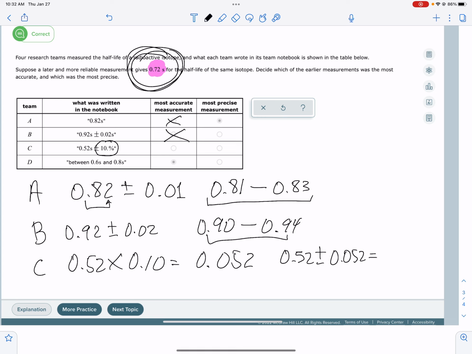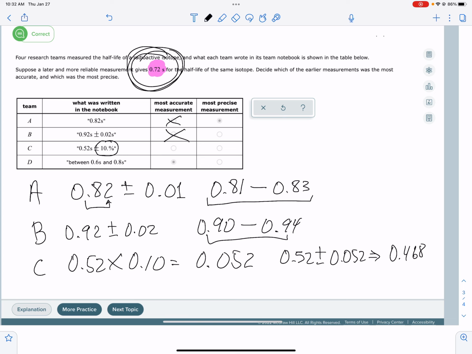So 0.52 minus 0.052 is going to give us 0.468. This is going to be our lower value.